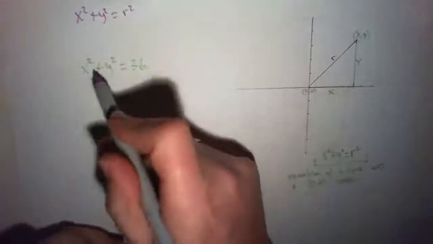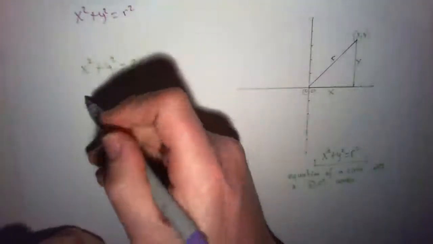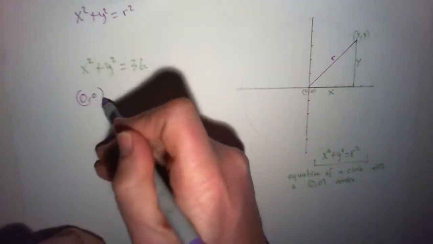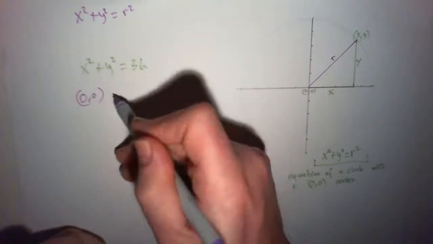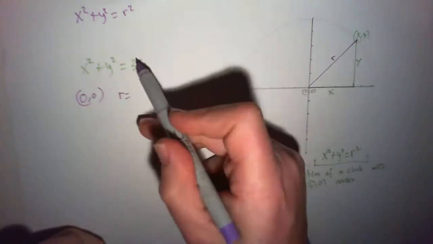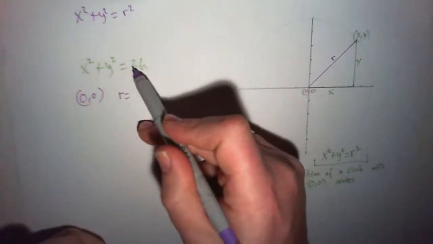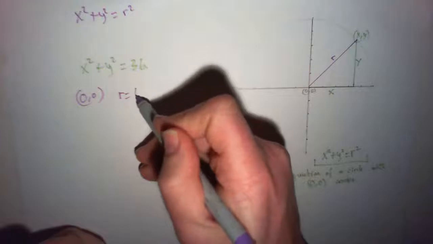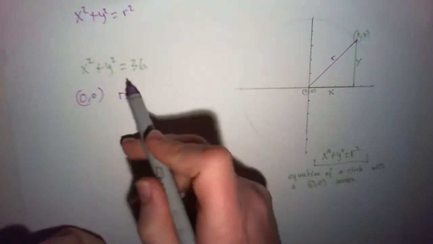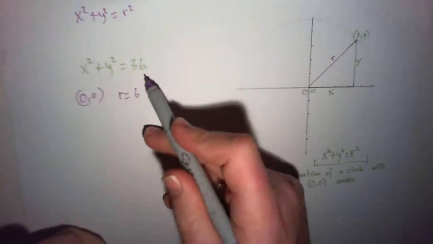So what can I tell about this? Well, I can tell that it has a center of 0, 0 because it's in that form. And it has a radius equal to, well, if that's the radius squared, then it's the square root of 36, which is 6. So straight away, once it's in that form, you can work it out.